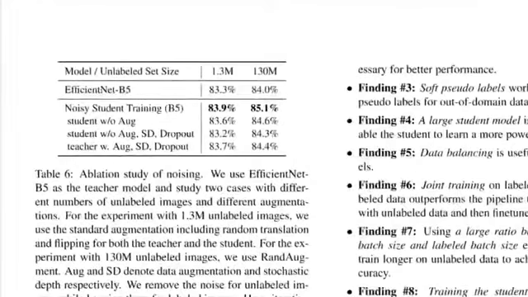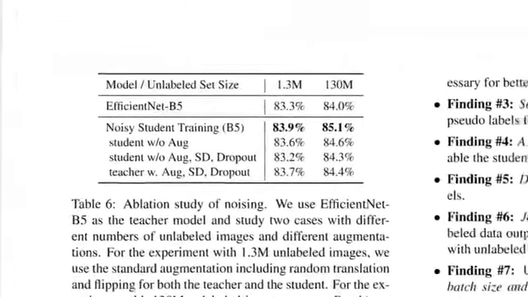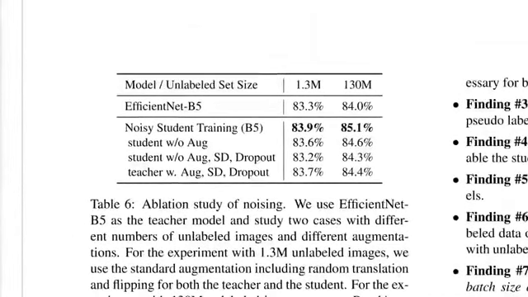As I said, they do quite a bit of ablation studies to figure out where exactly the performance comes from. And the answer is it pretty much comes from all the things that they've described. So here you can see the effect of that extra data set, and you can see pretty much with that extra data set all the situations improve. Here you can see what is happening when you do not augment the student.